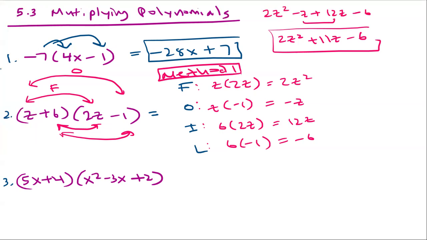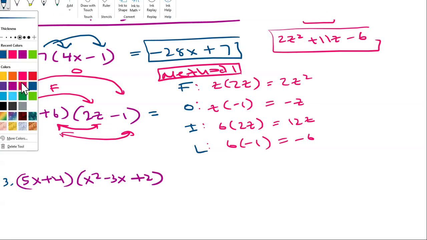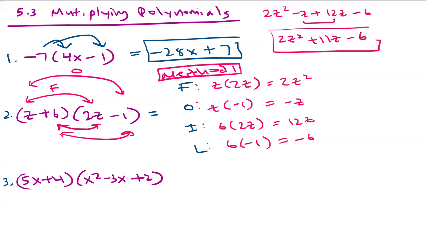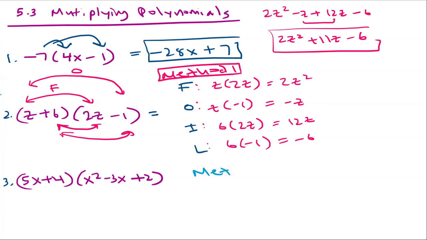I'm going to show you method 2, which basically is like method 1, but for me, it just makes a lot more sense. Okay? So my method 2 for this one, it's just for me, I don't have to worry about first, outer, inner, last. I just distribute it.